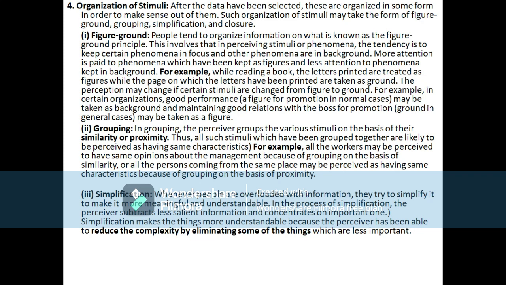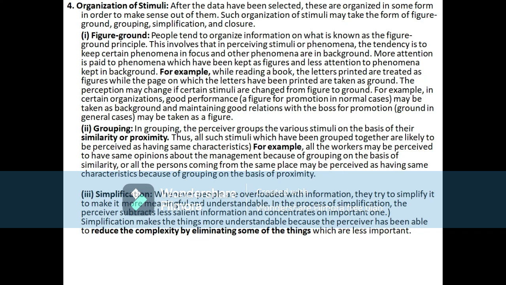And a group of people thinking one thing in the same manner, for example, all the employees working in an organization will think that the management is not working properly, the management is not showing concern towards workers. So this is similarity regarding the group on management. So this is the difference between similarity and proximity.